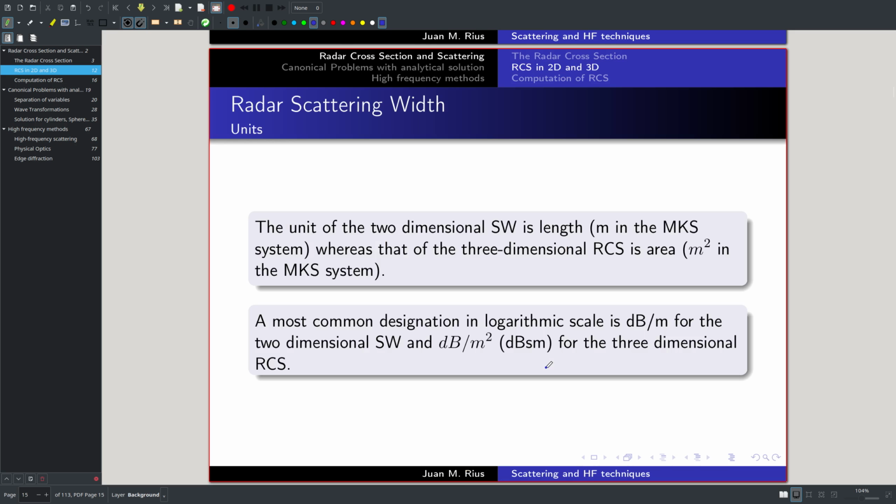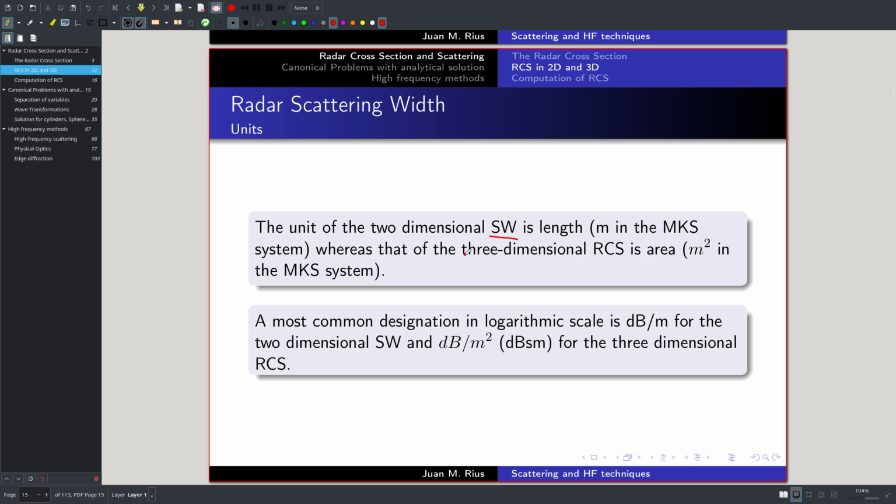Just to finish, to remind you that the two-dimensional RCS is called a scattering width because it is an area per unit length in the Z dimension, so in fact the units are meters, and it is also called scattering cross width, not cross section, but cross width.